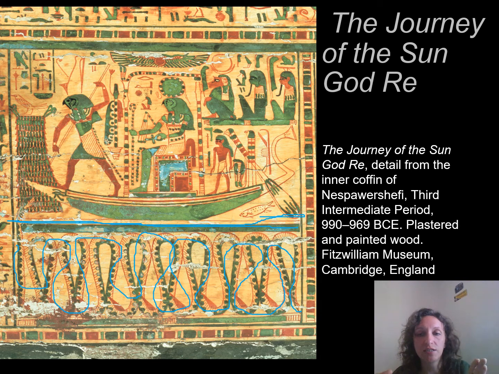This water is very different than the waves off the shore of Kanagawa that we just looked at. This is a slow-paced wave, moving gently and pushing that boat along, which has the sun god Ra. So his journey is much smoother through the water than, say, the other depictions of water that we just saw.